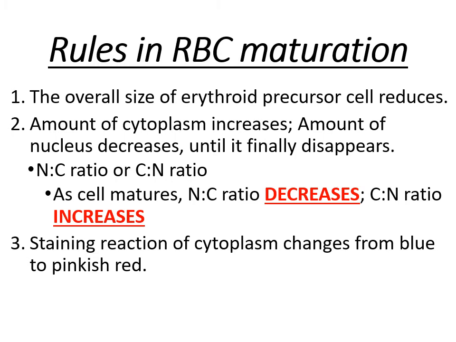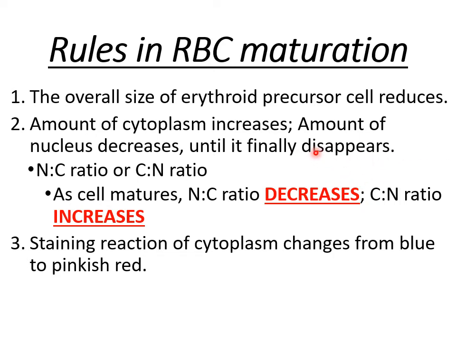Okay? Number one rule is that each of the cell will reduce its size as it ages or as it matures. Okay? And then, second, the amount of cytoplasm will increase as it matures and the amount of nucleus decreases until it disappears.